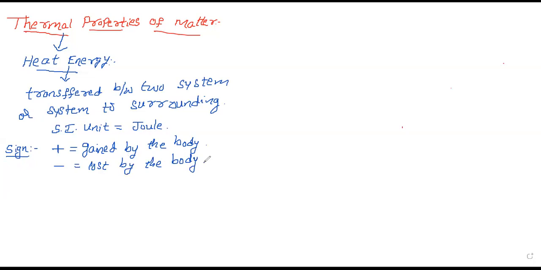The negative. Then, if I say the energy is transferred between two systems or from a system to the surrounding, heat energy always flows from higher temperature to lower temperature.